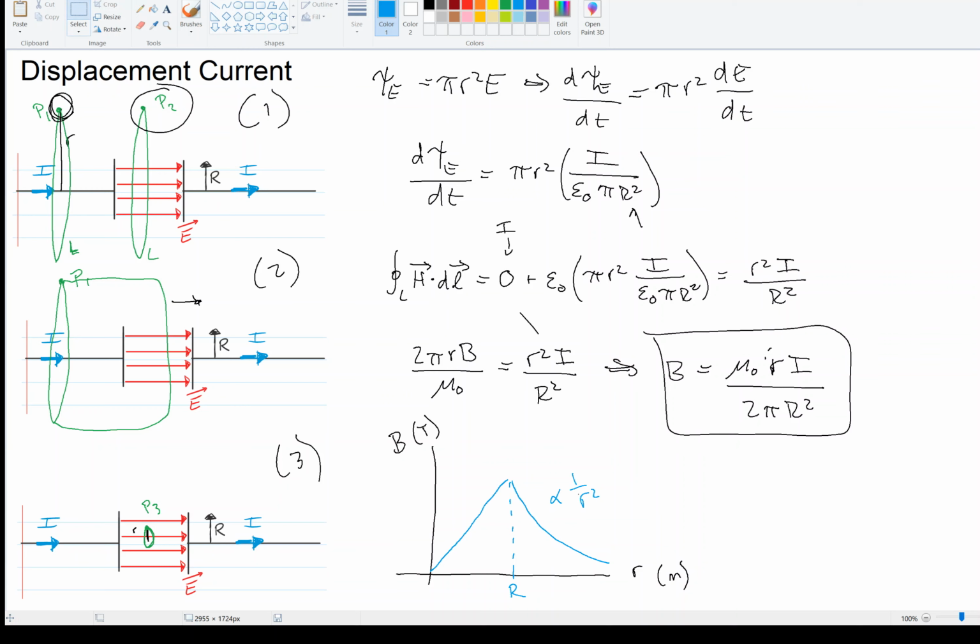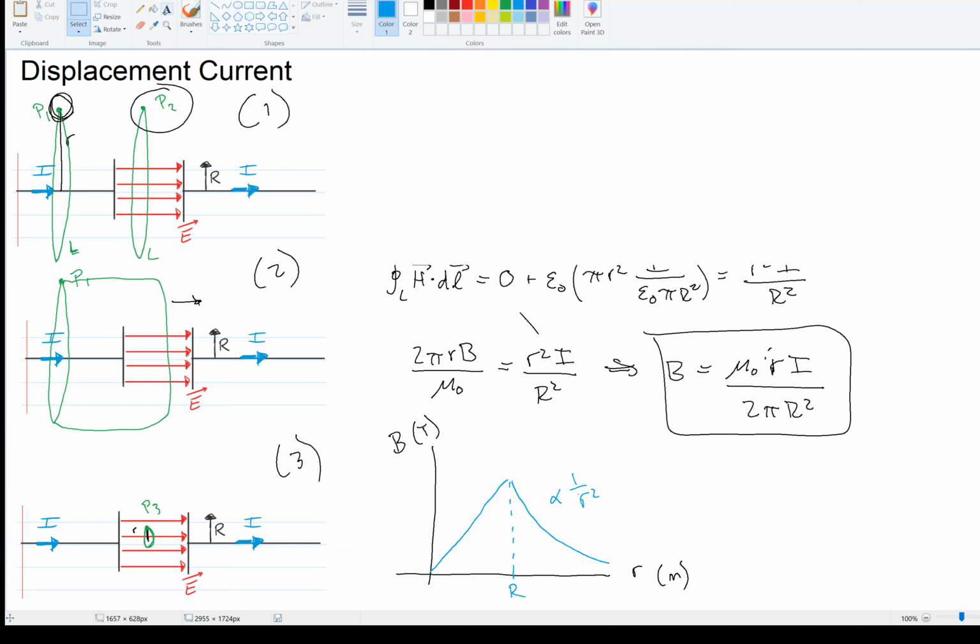Okay, nice. So just to be clear here, we've tweaked Ampere's law. Remember that the electric flux density D is epsilon times E. We can bring the time derivative inside the integral by making it a partial.